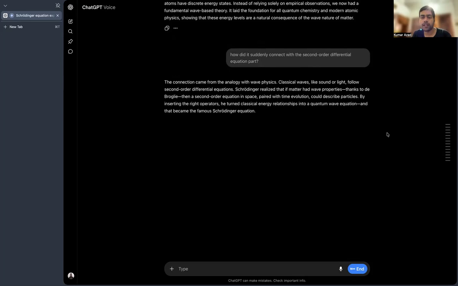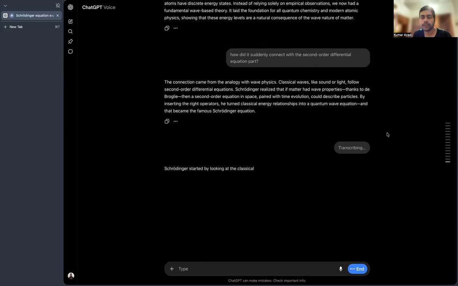By inserting the right operators, he turned classical energy relationships into a quantum wave equation, and that became the famous Schrödinger equation. So that was the whole motivation, and this was a bit of intuition, but how did he actually write down the correct Schrödinger equation, and how did he verify that part?